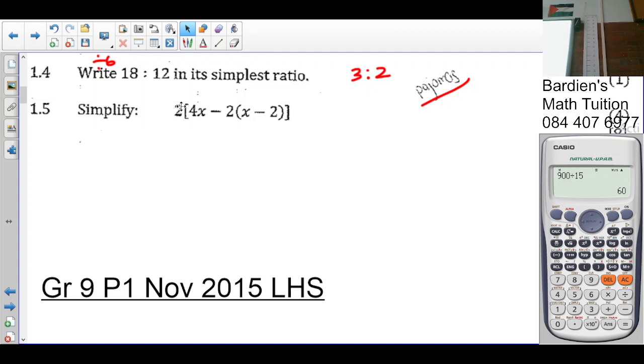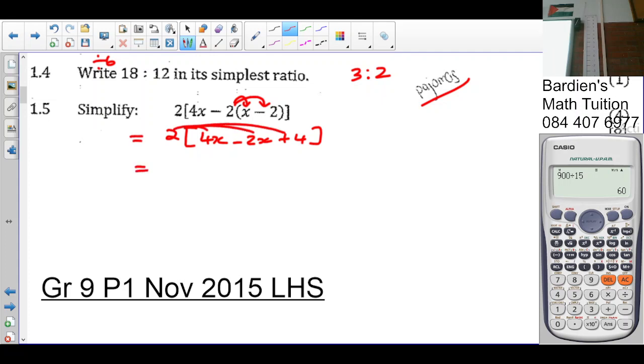And the next question, simplify. So what do I do here? Brackets. Get rid of the most inner bracket. How? By multiplying it. So it's 2 square bracket 4x. What is negative 2 times x? Negative 2x. What's negative 2 times negative 2? So one of two things I can do here. Either multiply the bracket out or add like that. So what do you want me to do?